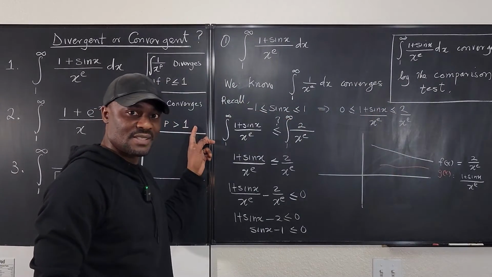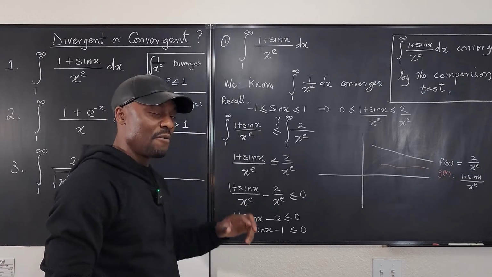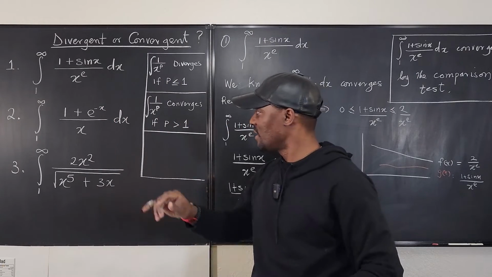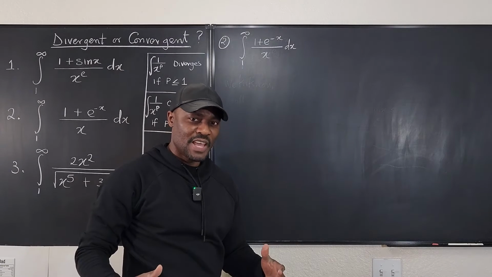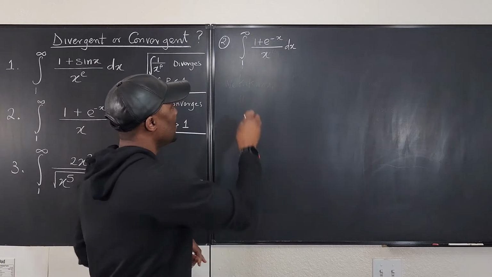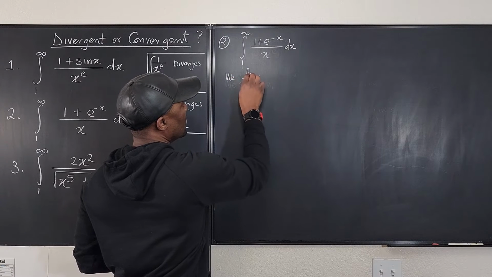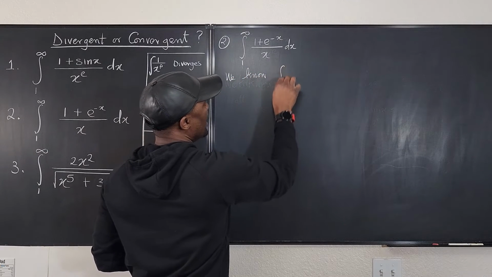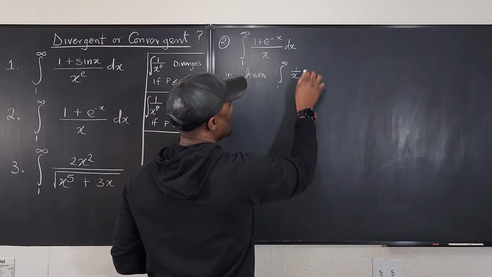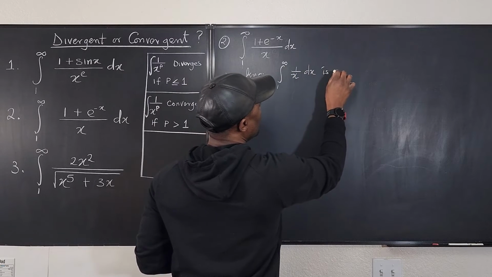Because this converges. Okay? Now, maybe when I take the next one and the next one, you're going to see how it works. Let's take the next one. So here again, we're going to say we know that 1 over x is divergent. Okay? We know that the integral from 1 to infinity of 1 over x dx is divergent.